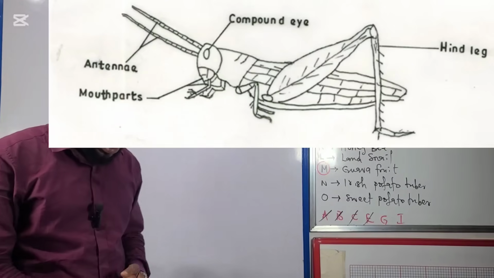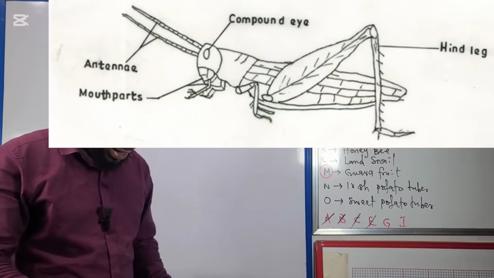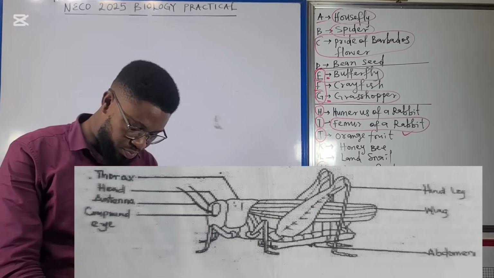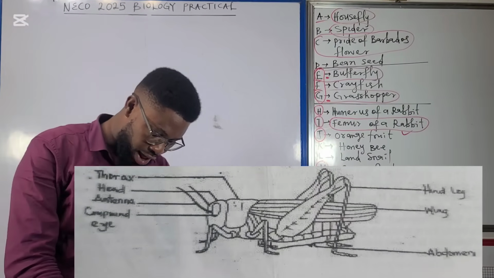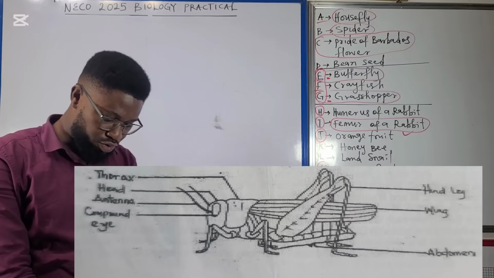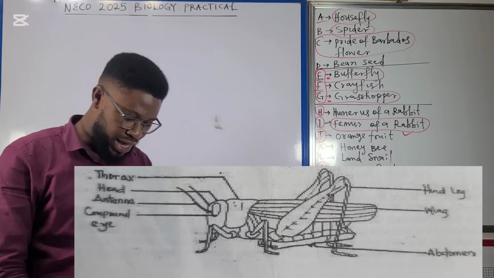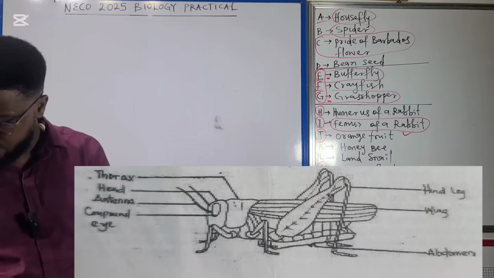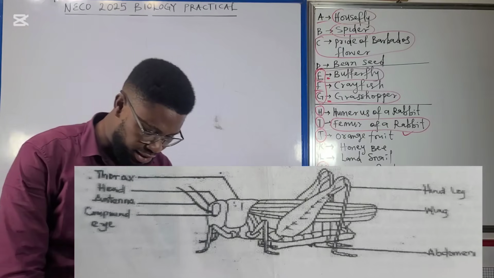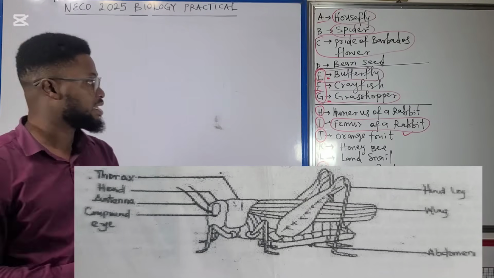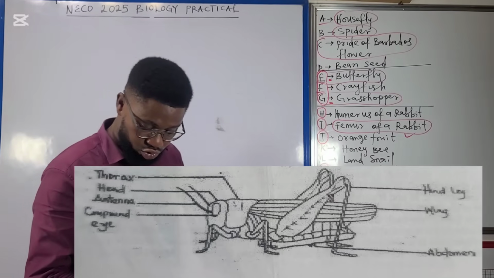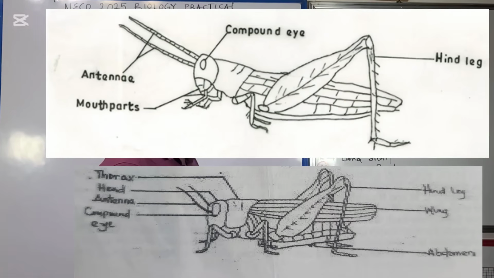The grasshopper has 3 body divisions: the head, the thorax, and the abdomen. Look at the 3 pairs of legs, one around the thorax region, another one at the end of the thorax, another one just at the adjoining part of the abdomen to the thorax. Look at the drawing, it is on the screen, and the labeling. For time constraints, we won't be able to run through that.